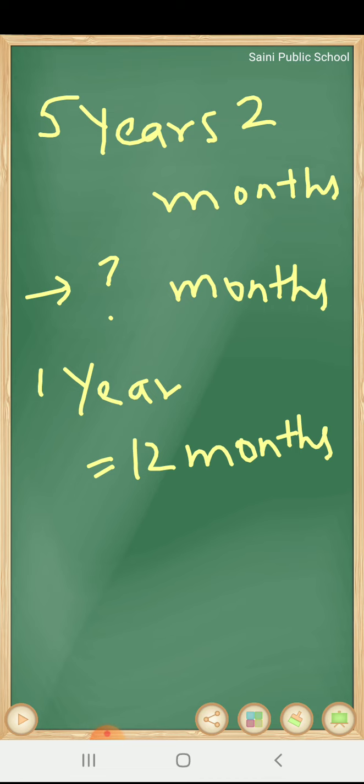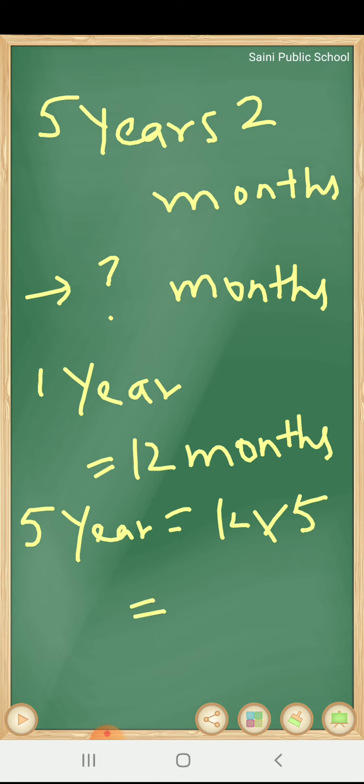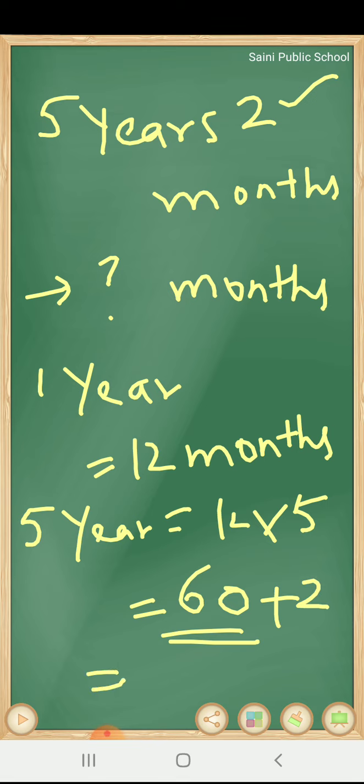So 5 years is equal to 12 into 5, 60 months. In 5 years there are 60 months, but 2 months are already given to us. So we add these 2 months to the given number. So we have 62 months. So in 5 years 2 months there are 62 months.